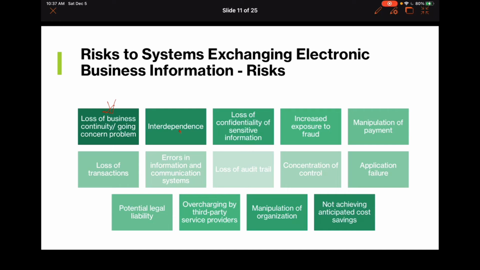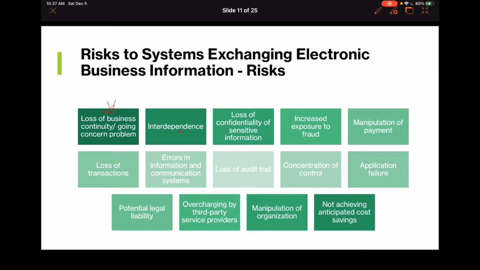So inadvertent or deliberate corruption of EDI-related applications could affect every EDI transaction. So you expect that there is inventory or raw materials that will be coming next week, but the EDI transaction did not push through pala.